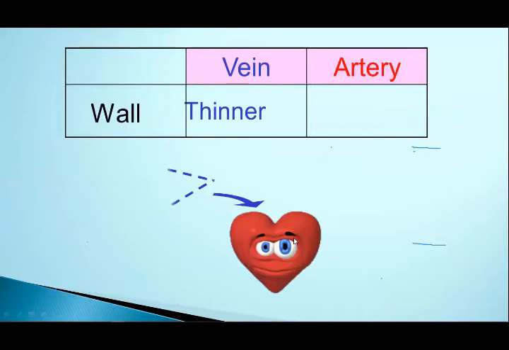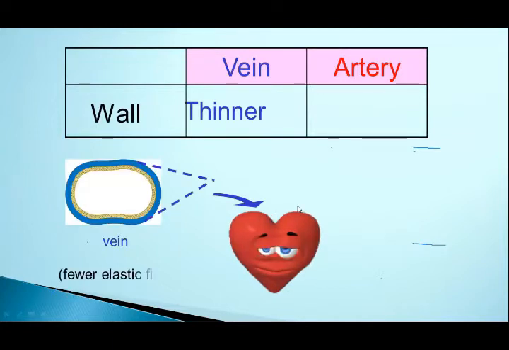As I already mentioned, the walls of veins are thinner, and if you look into this vein, you can make it out very clearly. Normally the blood vessels have three muscular walls. Now, this is one, and you have another inner one, right? We have different names given to them.